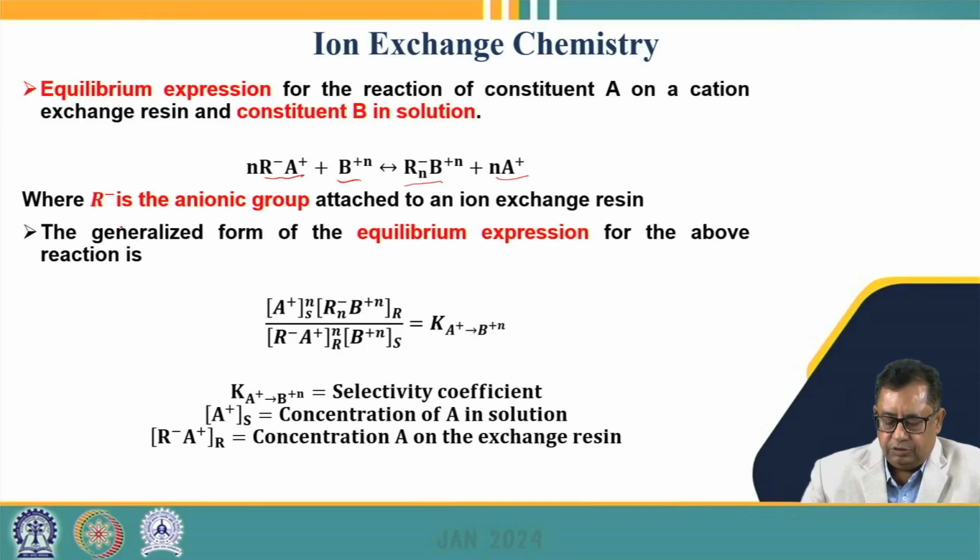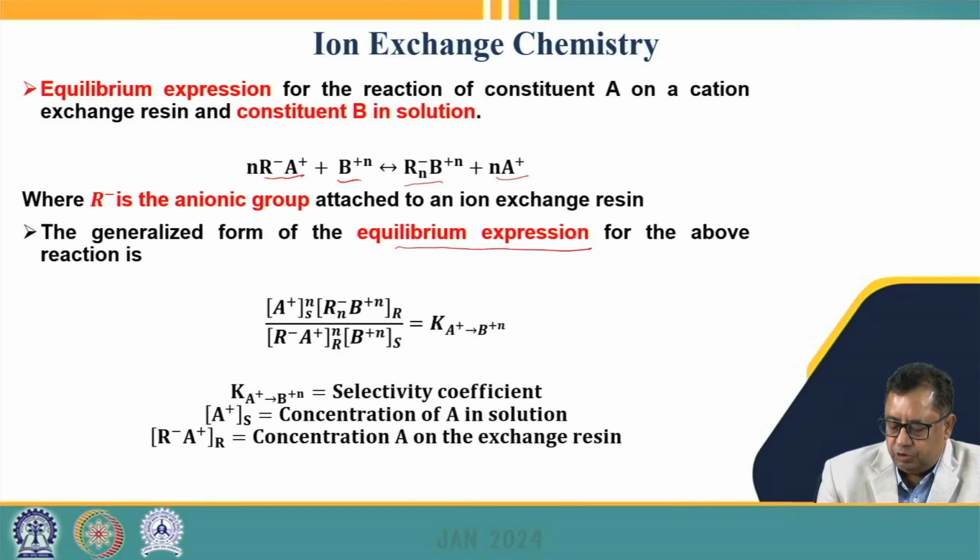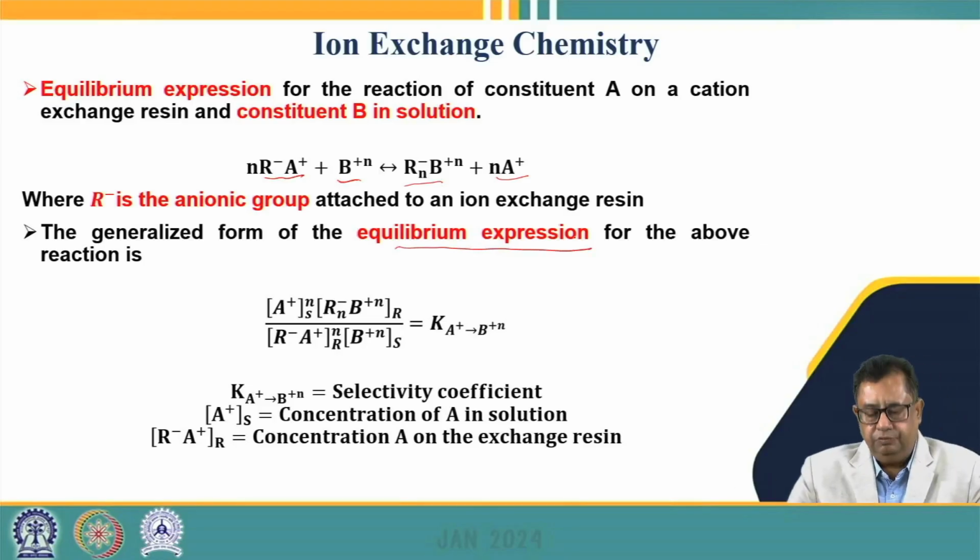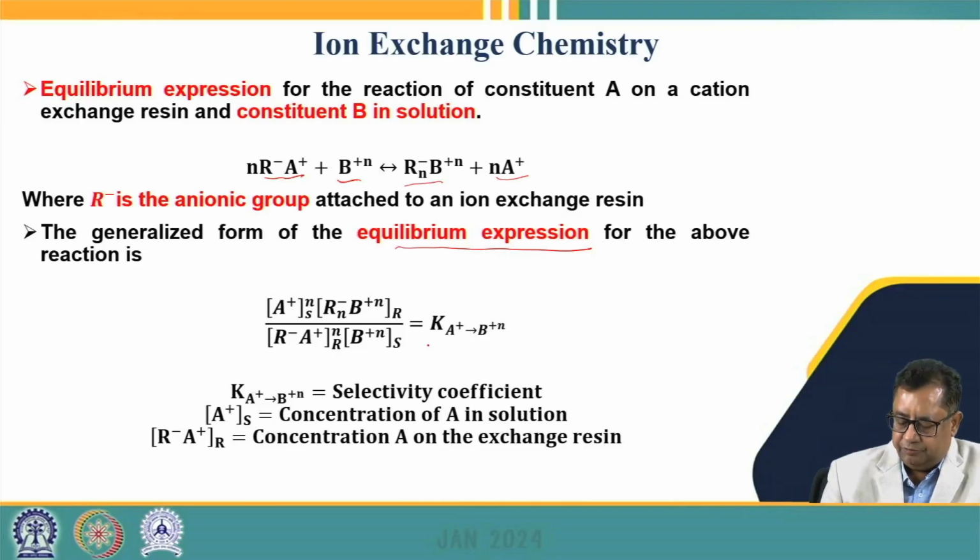So if we write down the equilibrium expression or equilibrium constant for such an equation, which is again a reversible equation as we have discussed earlier, we can see the value of K, the equilibrium constant, where B n plus is replacing A plus ions.